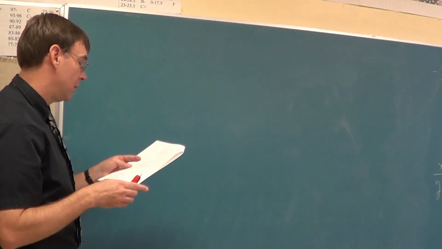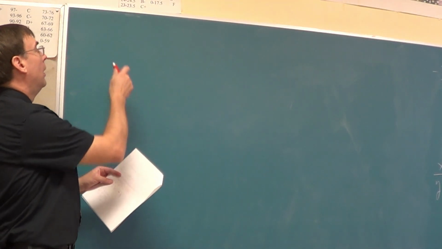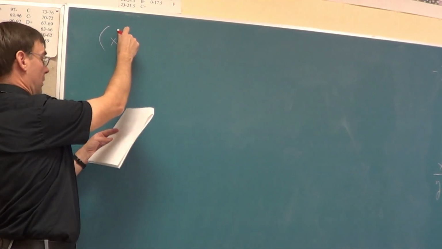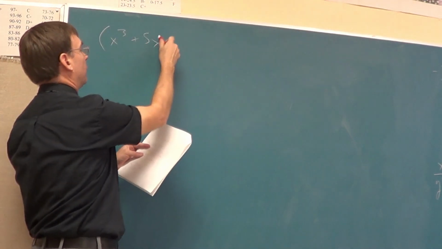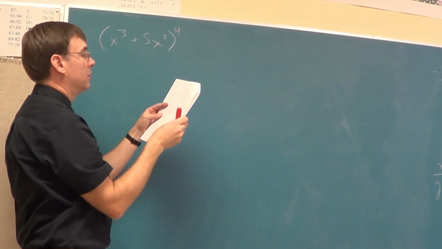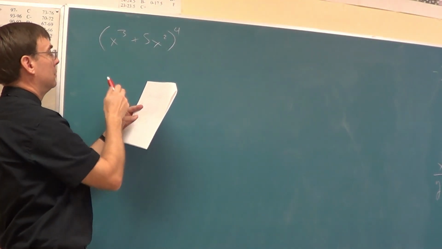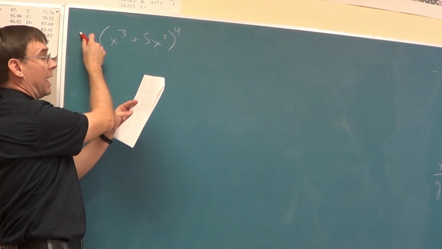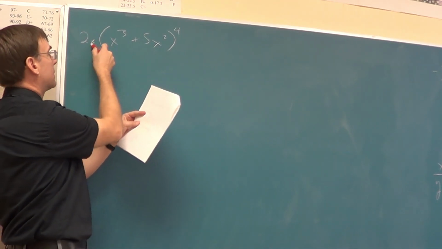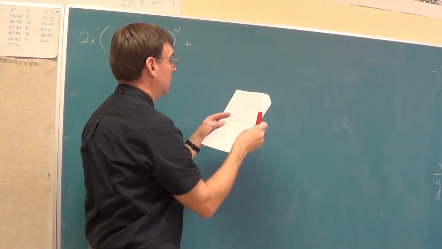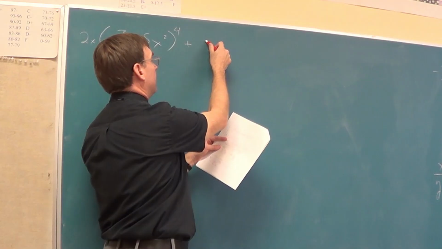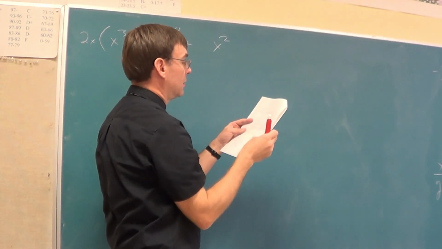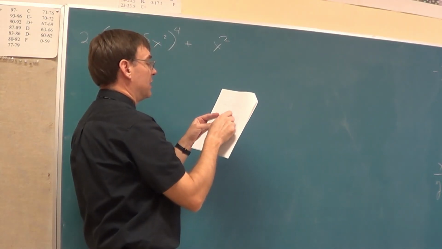But 6, we need to do our good friend the product rule, which makes us copy the first times the derivative of the second, which is 2x, plus, then copy the second times derivative of the first, which has a fourth power.